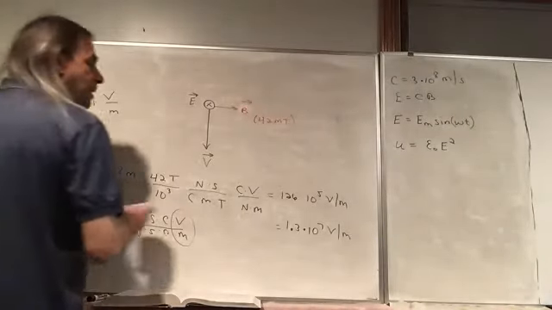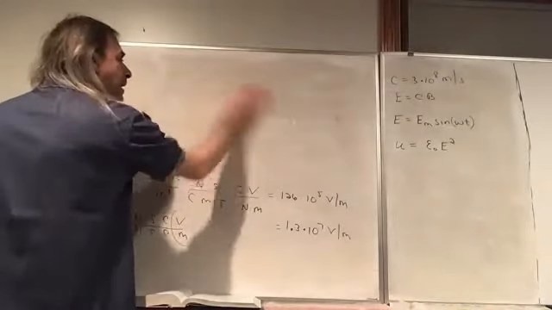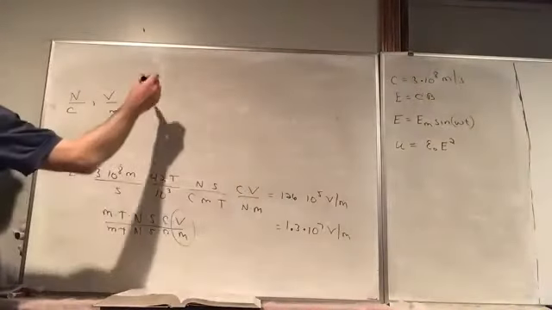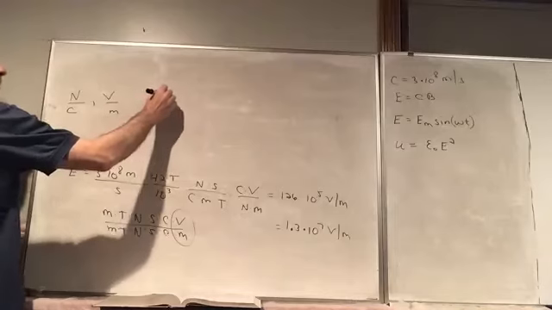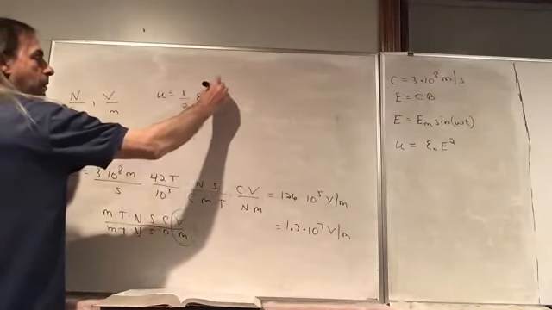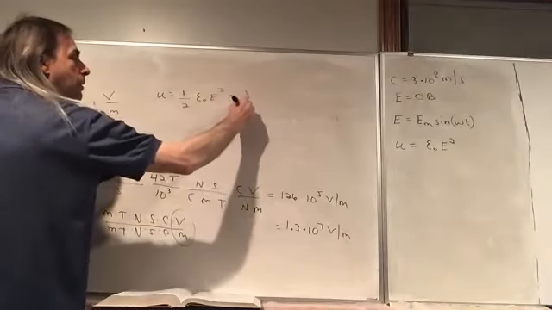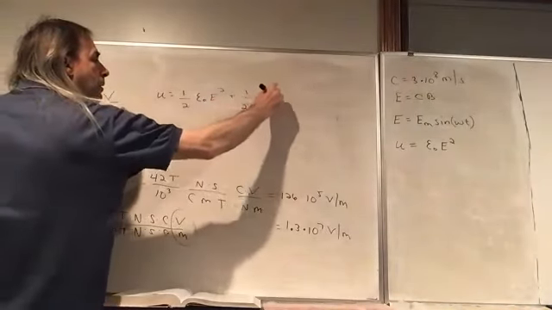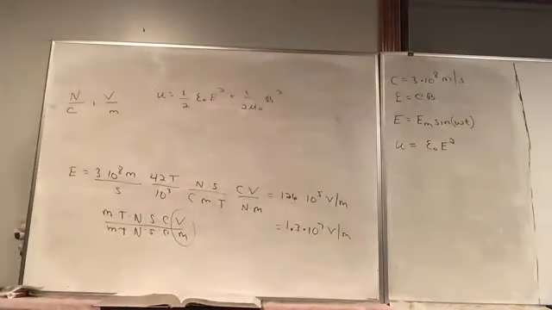In general, we have both electric and magnetic fields. So let's write out the energy density. So we have 1/2 epsilon naught E squared.